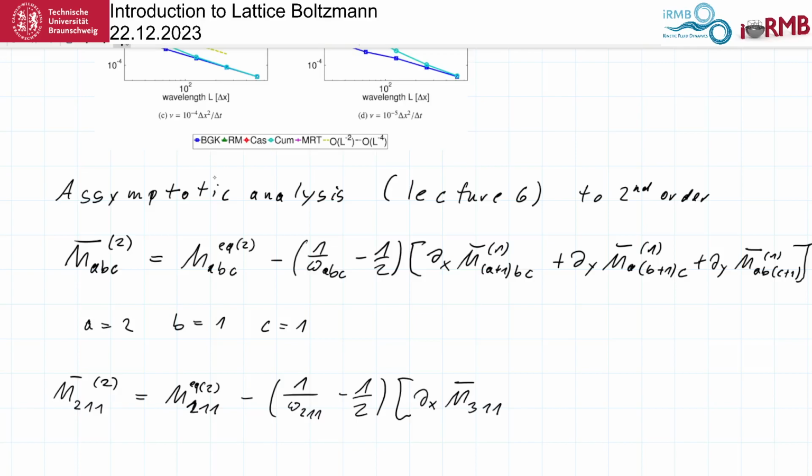So you already see that this here is actually an alien. dy M221 to first order, and dz M212 to first order.